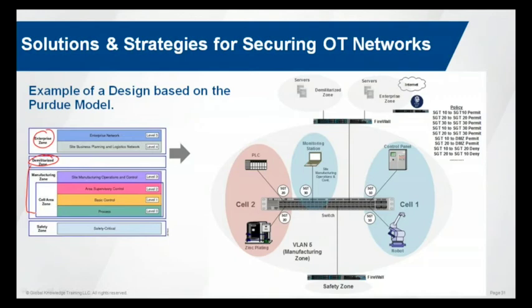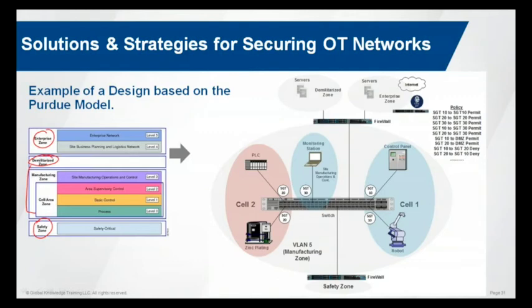And you might create multiple cells or multiple areas, multiple zones in that manufacturing zone, and then you have the safety zone. So what we need to do is, between each zone we put a firewall, and between each cell we put a VLAN to segregate them. Or now, because we can use TrustSec, we can use TrustSec for microsegmentation. So let's illustrate that.